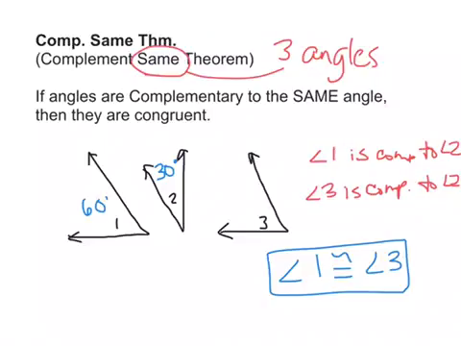We're also told that angle 3 is complementary to angle 2, so if angle 2 is 30 degrees, angle 3 must be 60 degrees, so that they add up to 90. And when we throw in numbers, you can see that angle 1 is 60 and angle 3 is 60, therefore angle 1 is congruent to angle 3.